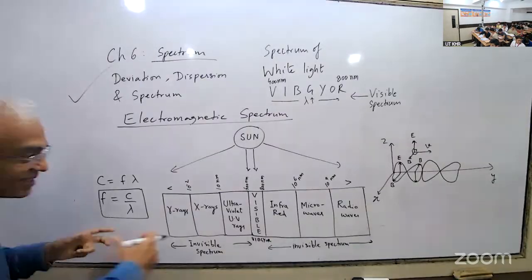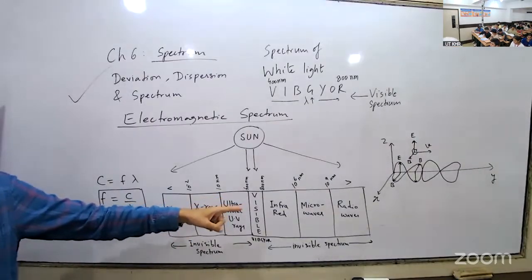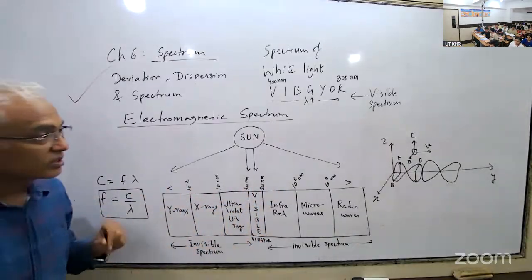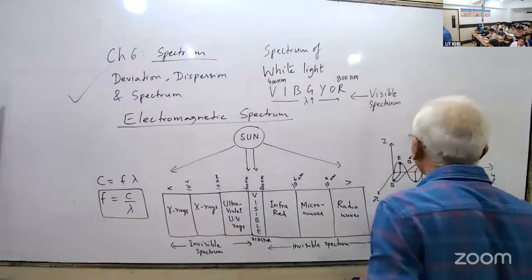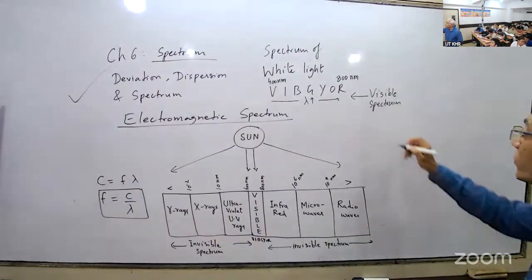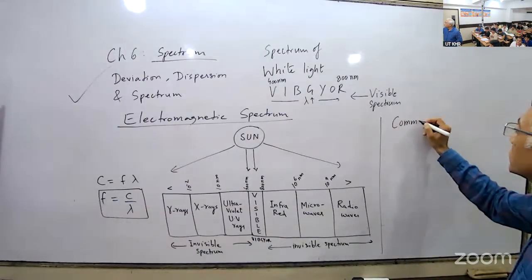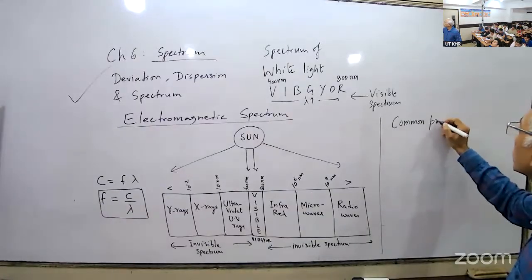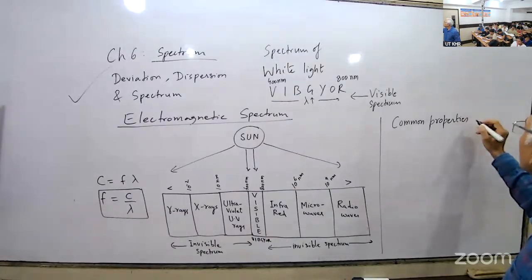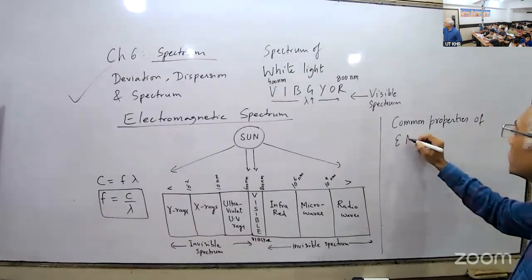Now, from all these rays, we have to learn about the properties of these rays. There are certain common properties across all the rays. So let's discuss those properties. Common properties of EM waves.